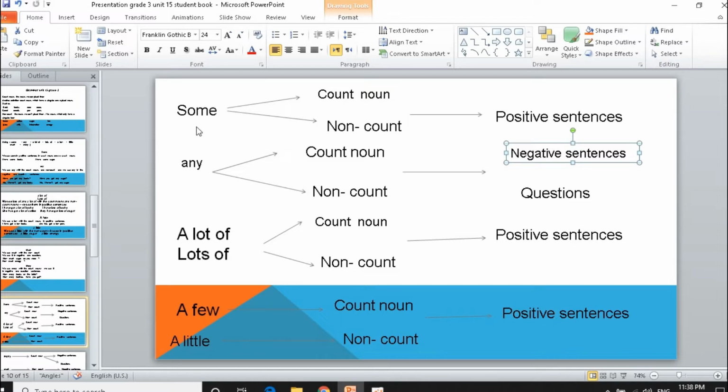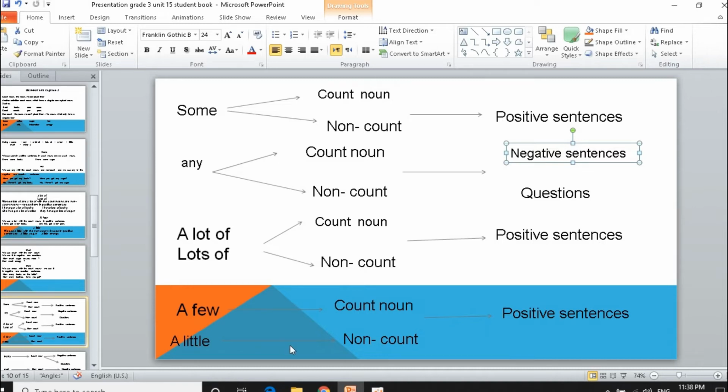Again, some: count nouns, non-count nouns, positive sentences. Any: count nouns, non-count nouns, negative sentences and questions. A lot of, lots of: count nouns, non-count nouns, positive sentences. A few: count nouns, positive sentences.